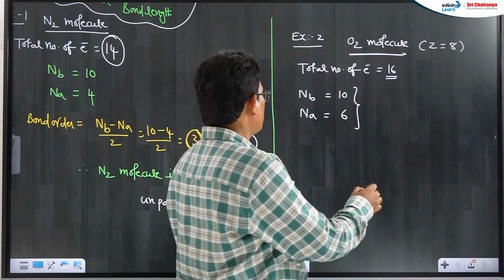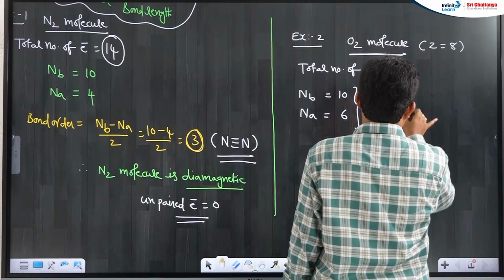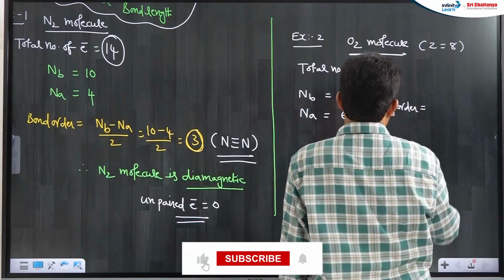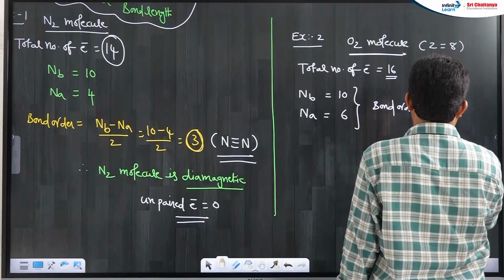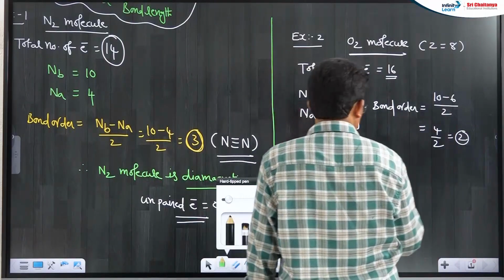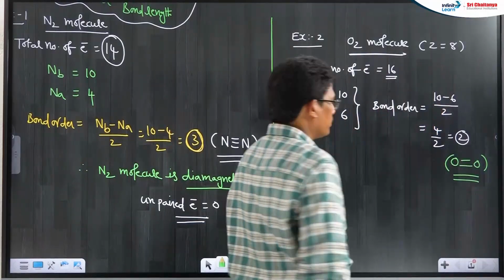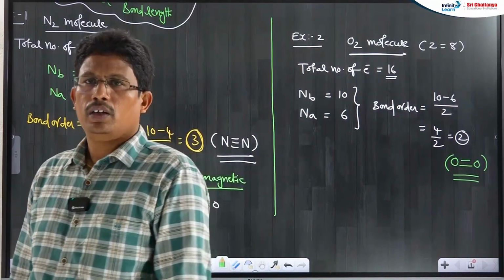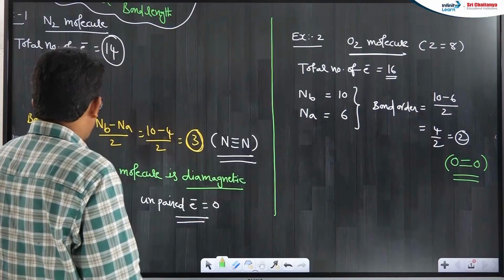Find bond order by using the above electrons. Bond order is equal to 10 minus 6 by 2, 4 by 2, 2. That means double bond is present between two oxygens in O2 molecule.